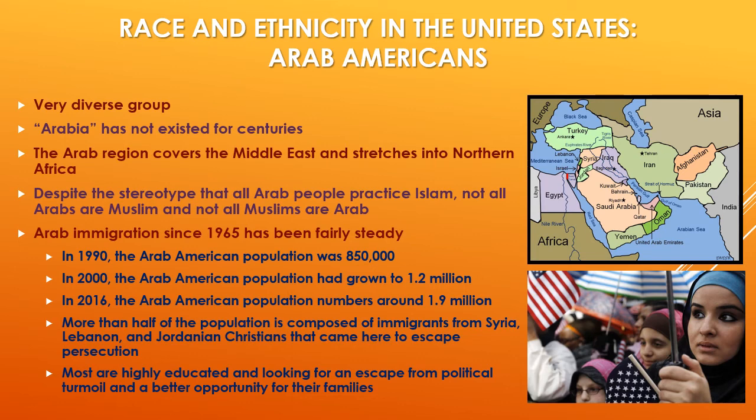More than half of that population is composed of immigrants from Syria, Lebanon, and Jordanian Christians that came here as refugees. Generally, most Arab Americans are very highly educated and came here looking for better opportunities, less oppression for their families, or seeking an escape from political turmoil.